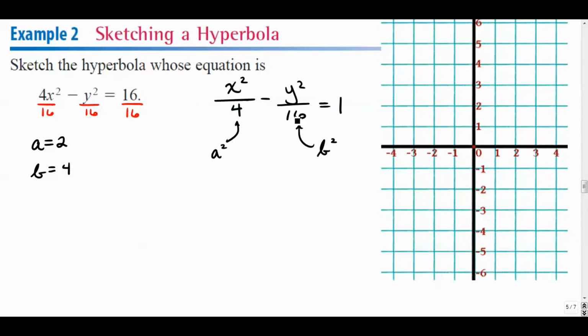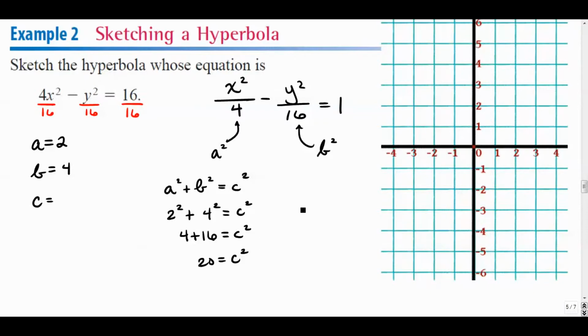If b squared is 16, b is 4. So that means we need to find c, and to find c, we just use this really cool relationship. So it's 2 squared plus 4 squared equals c squared. 4 plus 16 equals c squared. So c squared is 20, which means c is the square root of 20.